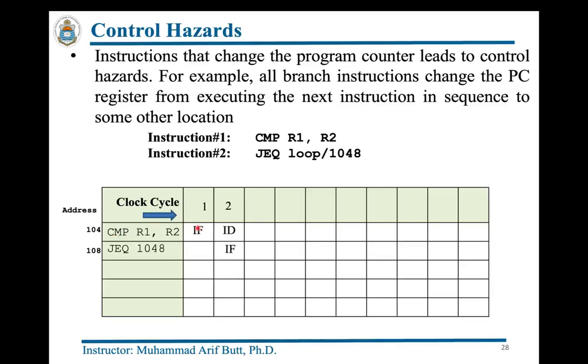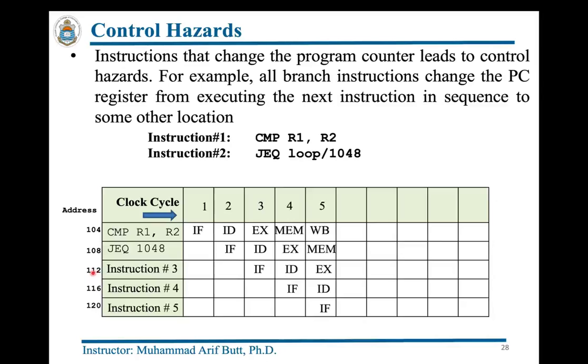In clock cycle 2, the compare instruction is decoded and this jump instruction is fetched from address 108. And in clock cycle 3, another instruction is fetched from the next address 112. Another instruction is fetched and another instruction is fetched.